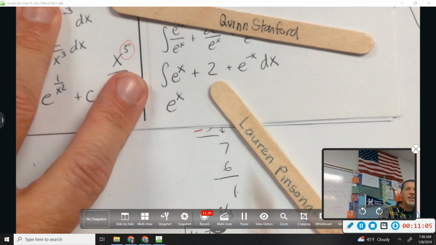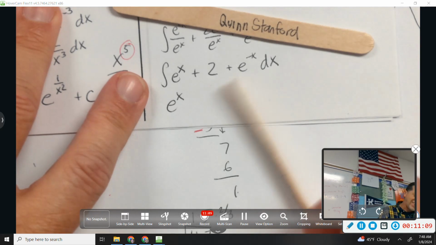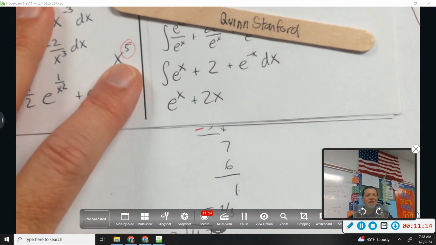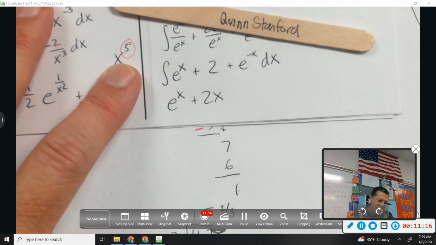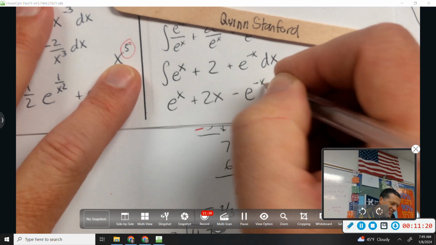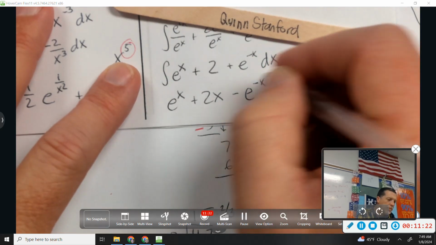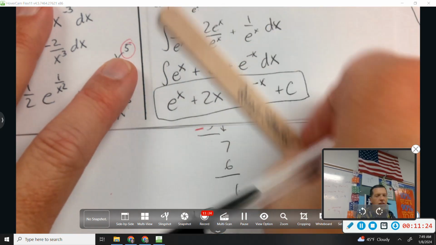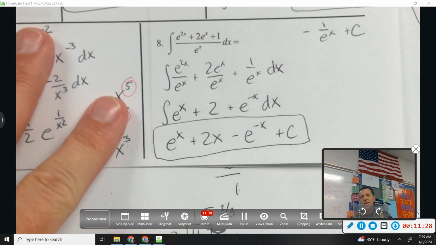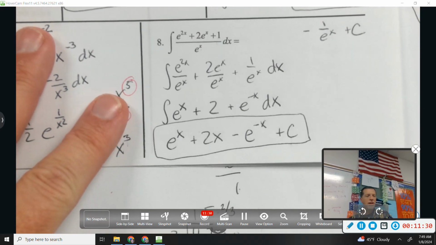Lauren, what's the antiderivative of 2? 2x. Had me worried there. Quinn? Negative e to the negative x, and then plus c. So algebra first, and then it wasn't too bad after that step.